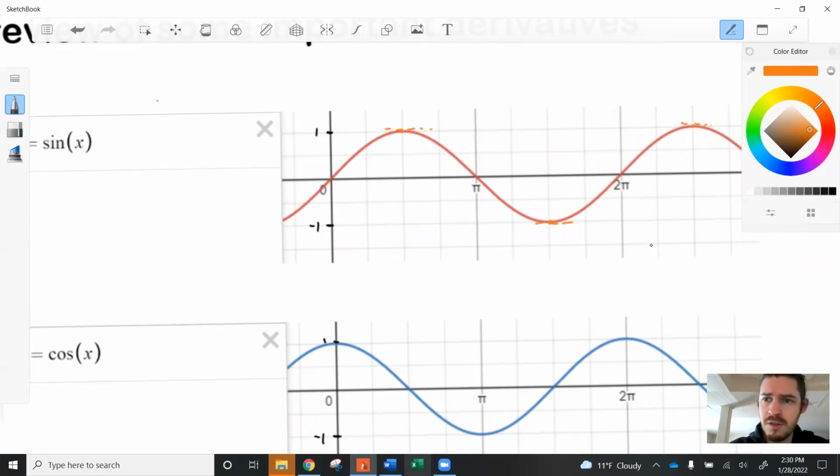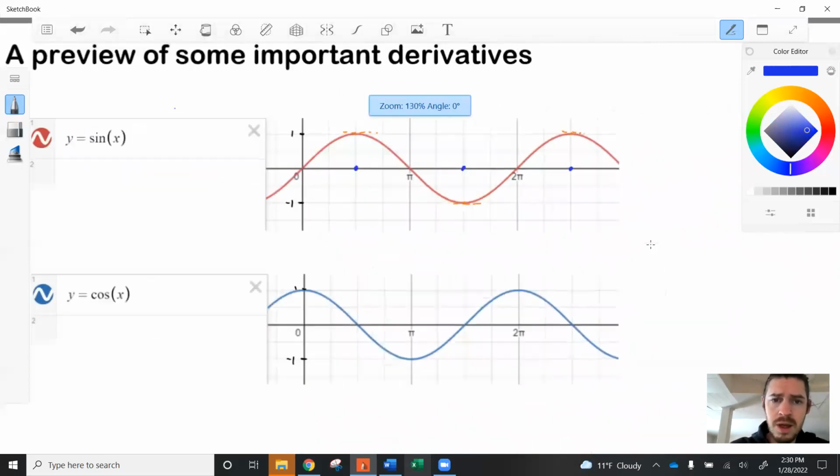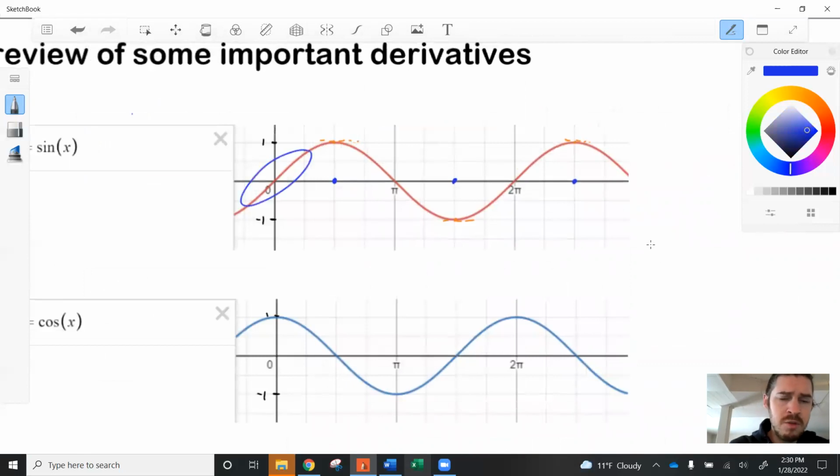So for those points, I'm going to go ahead and plot, in blue perhaps, the derivative at 0.